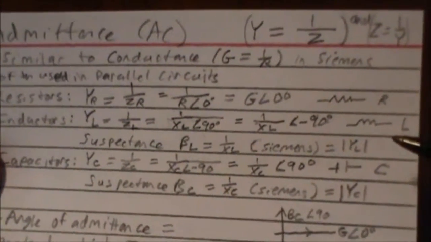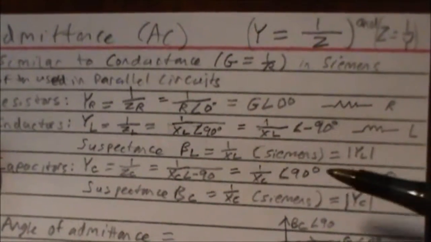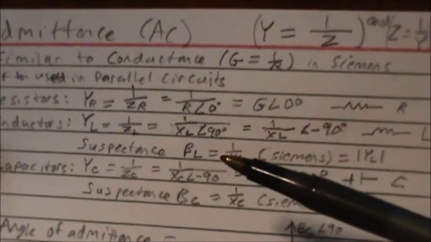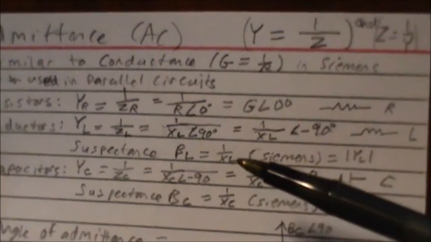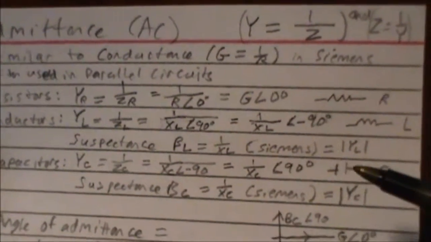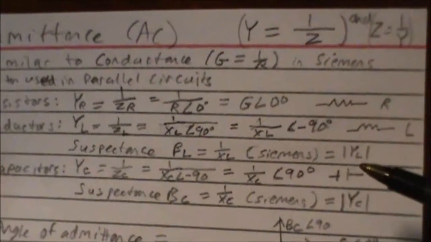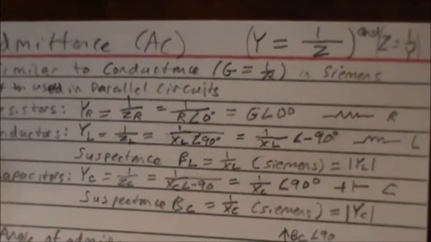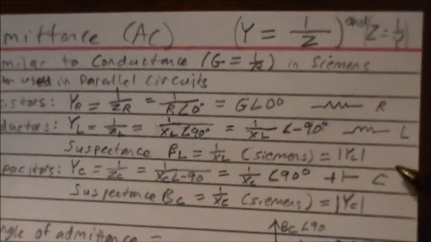And there's also a property called susceptance, a Greek letter beta, I think, or just B sub L, which is 1 over X sub L in Siemens.